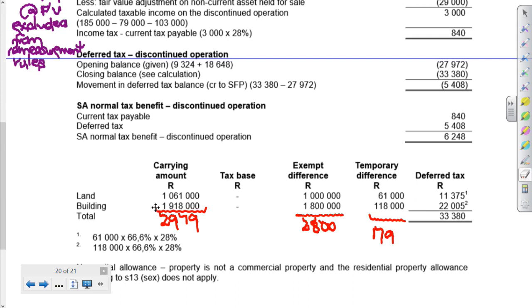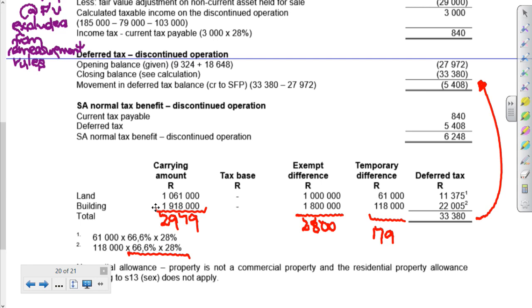So when I do 66.6 and 28%, which is what they show you here, they land on 33,380. They do a calc up here where they look at the movement in deferred tax.